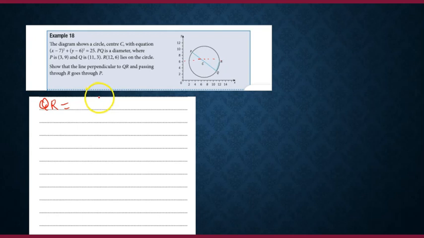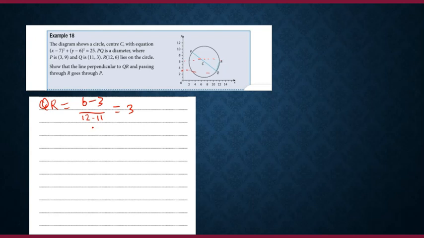So we can take 6 minus 3. So it is 6 minus 3. Divide that by change in x, 12 minus 11. So this becomes 3. Right. So the gradient is 3.